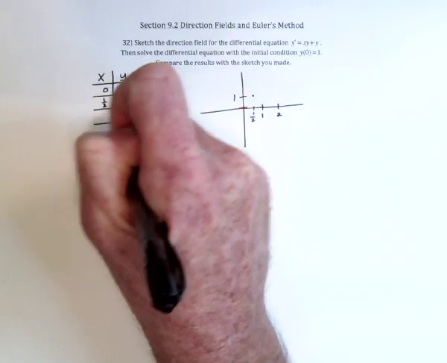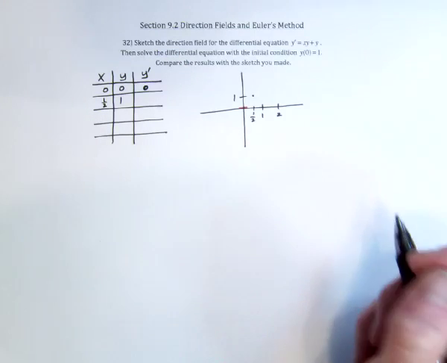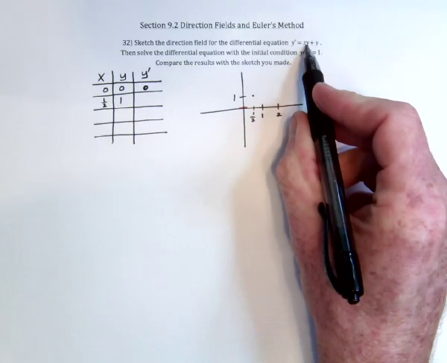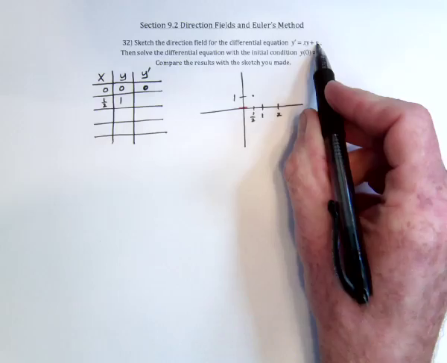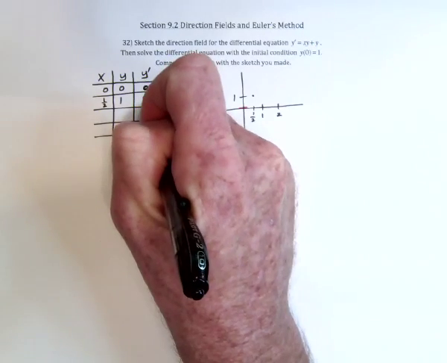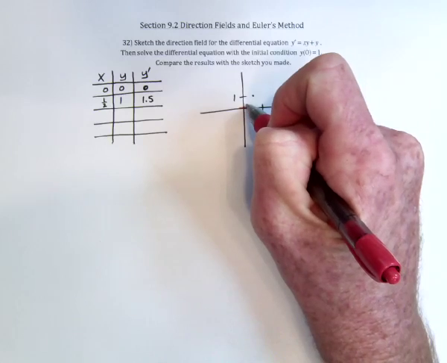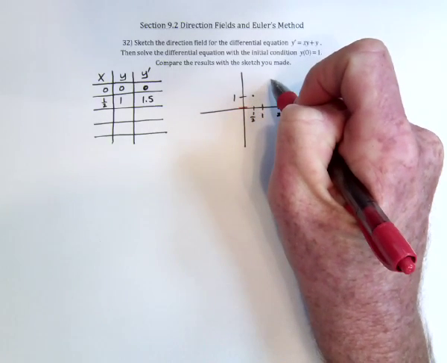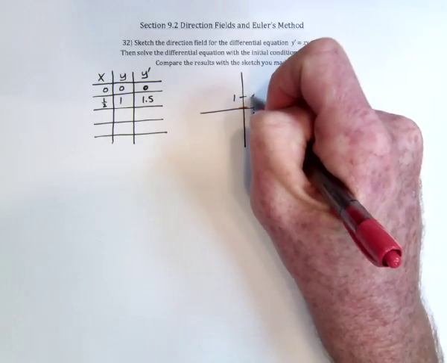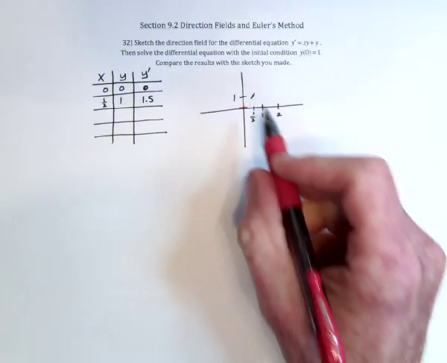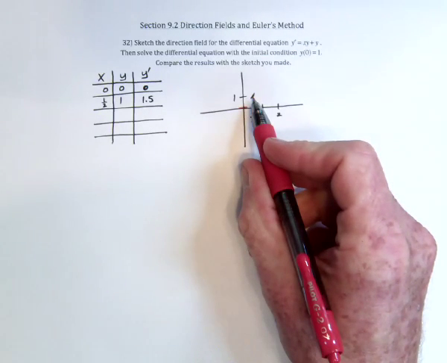If x is a half and y is a 1, this would be a half plus a 1, so it's a 1.5 slope. So at this point, this would be a slope of 1, it needs to be a little bit steeper than that. Keep in mind that's the tangent point to some function that we can't see.